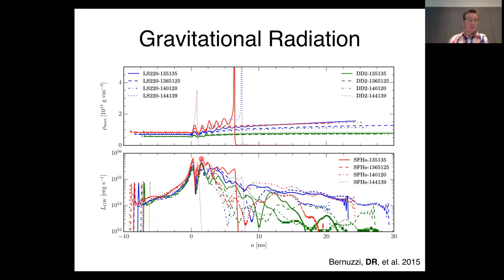For models like the SFHO 135, the gravitational wave luminosity stays almost constant for 5 milliseconds, and then it drops because you form a black hole. But even for long-lived remnants, the gravitational wave luminosity drops over a time scale of roughly 10 milliseconds or so.